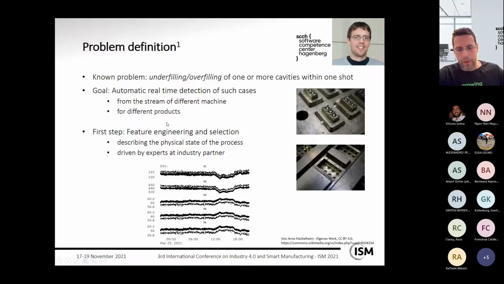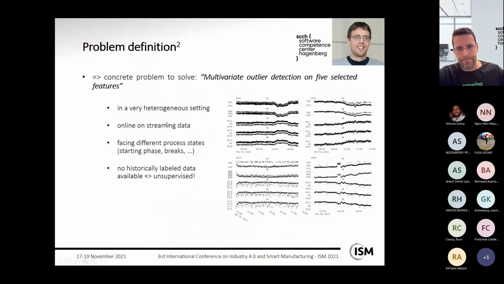So the concrete problem that we had to solve was multivariate outlier detection on five selected features.